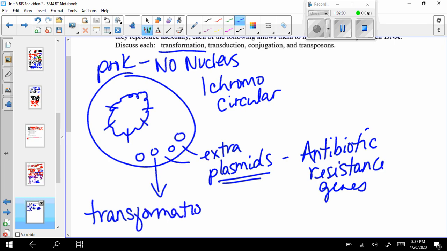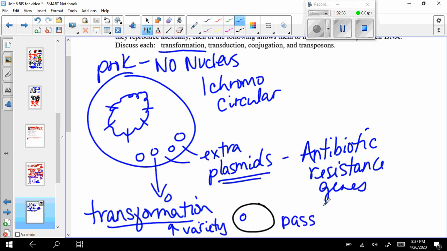So transformation. Here, this cell let out this plasmid, and then another cell could take in this plasmid. And now I have the genes of that cell's DNA. So transformation is a way to increase variety because it is literally passing on DNA from one cell to another through the environment.